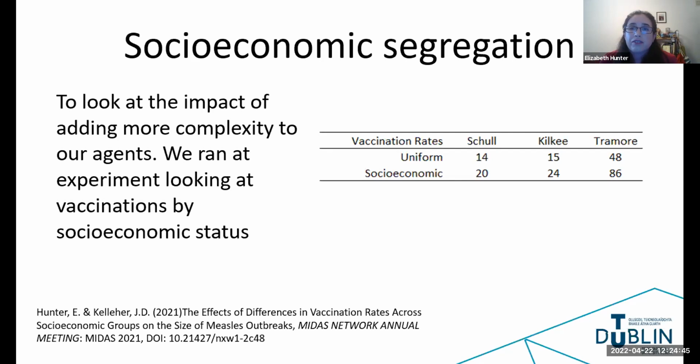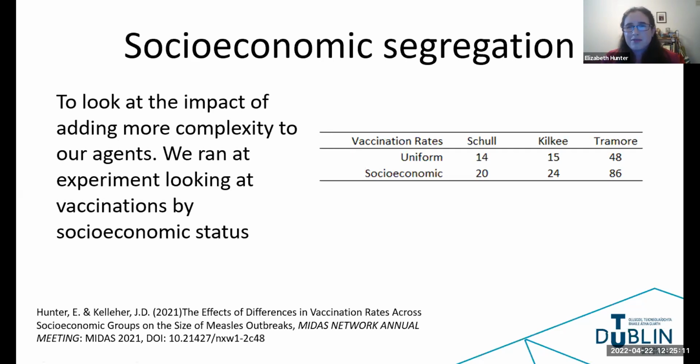What we see is that with uniform vaccination rates, we have lower average infected. These are averages across 300 runs for three towns, Skull, Kilkee, and Tramore. We see lower infections with uniform vaccination rates compared to vaccination rates by socioeconomic status, so uneven vaccination rates end up with larger outbreaks.